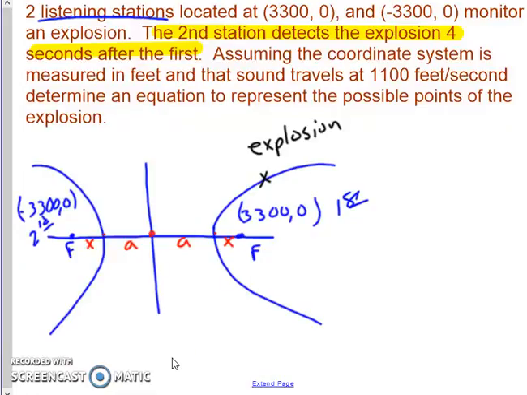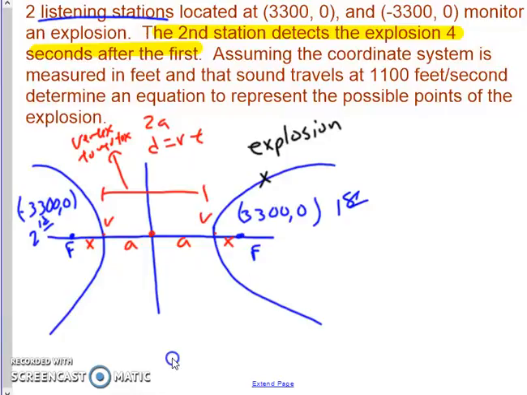So we can actually figure out the distance from vertex to vertex, this distance here, is going to be 2a. Well, in our case, it's going to be distance equals rate times time because we're talking about the explosion.